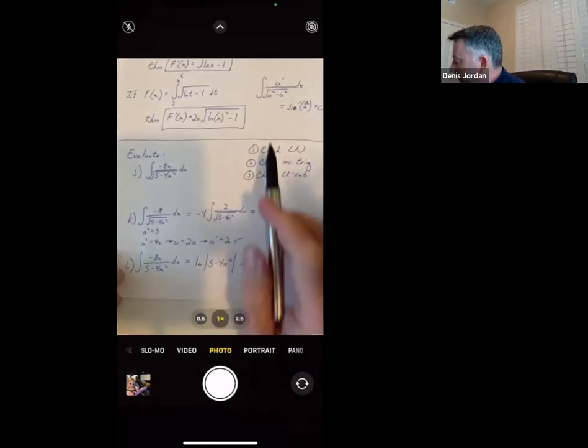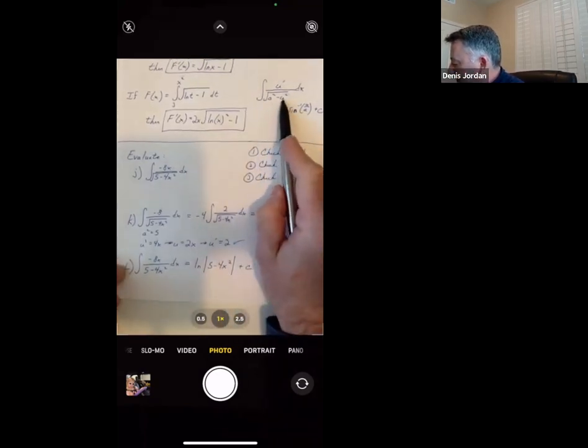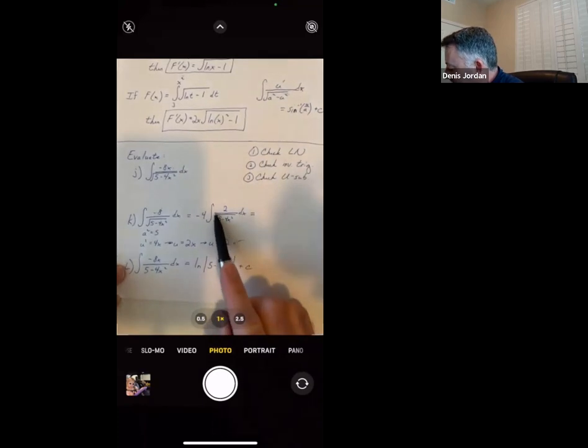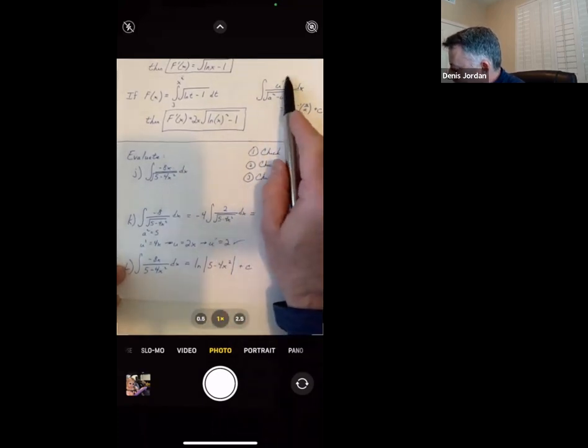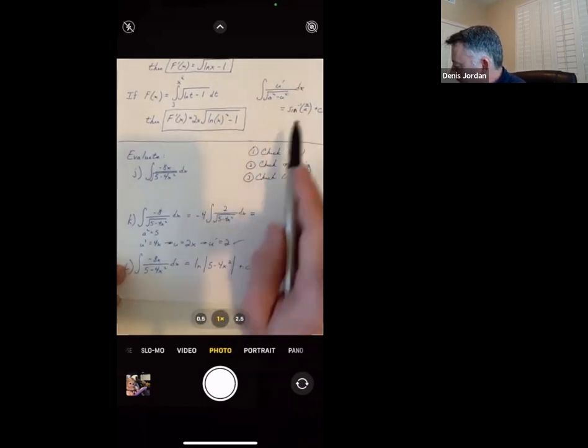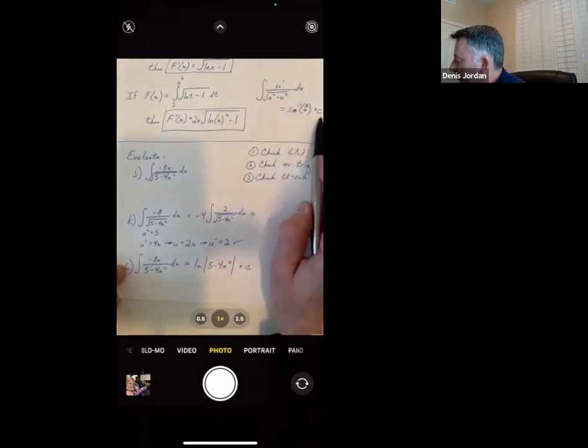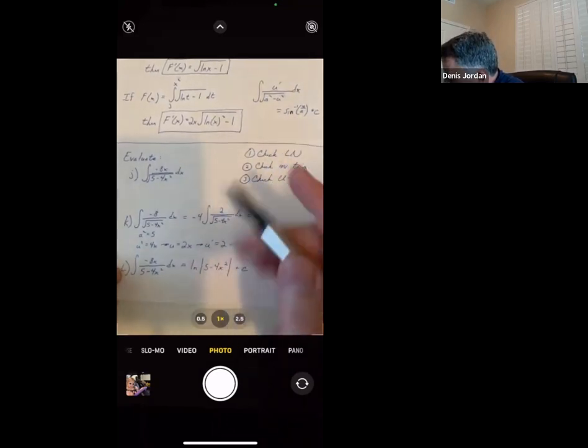Okay, so now you have the right format. You have a squared minus u squared underneath, inside the root. You have the u prime sitting on top. So now it's just going to go right into the formula.